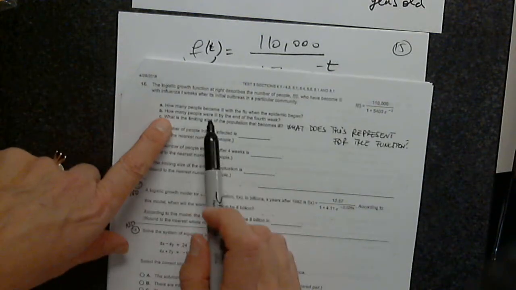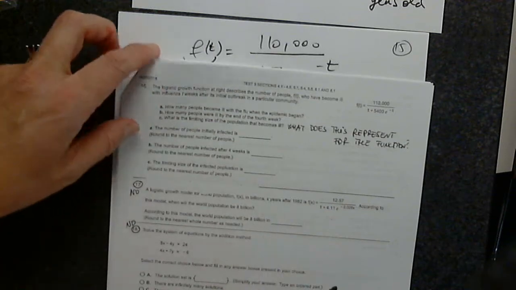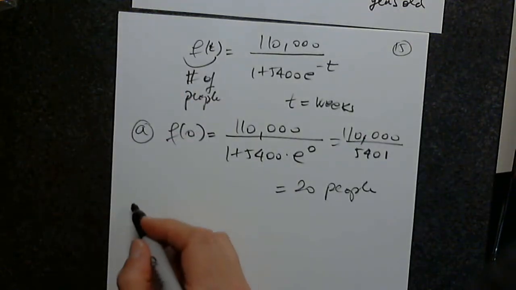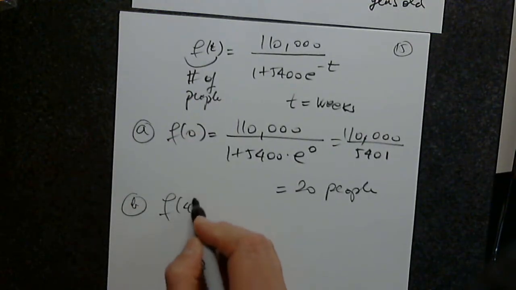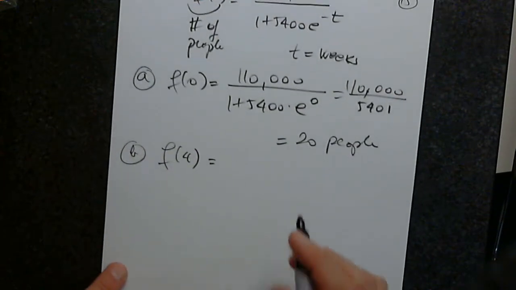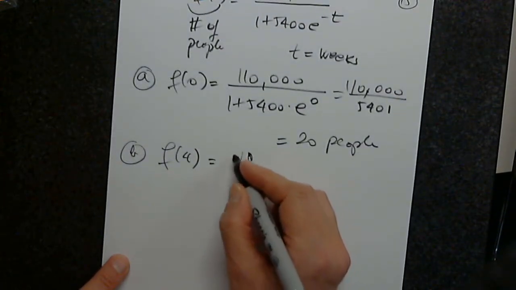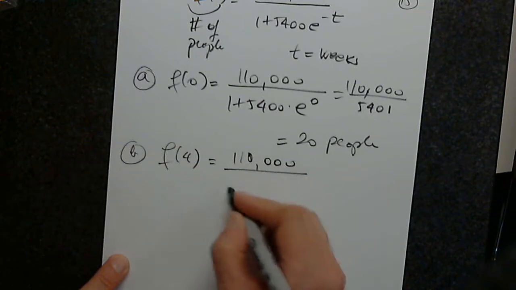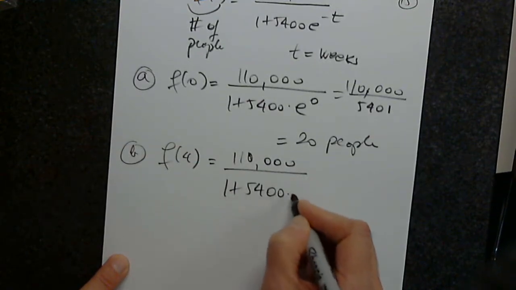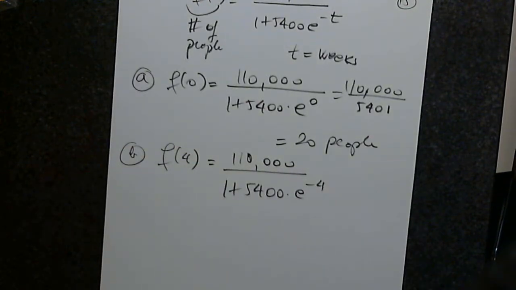Okay, how many people were ill by the end of the 4th week? Good. F of 4. This I cannot do without a calculator from the very beginning. 1 plus 5400 times e to negative 4. Careful with parentheses. The top has only one term, which is okay, but the denominator needs parentheses.